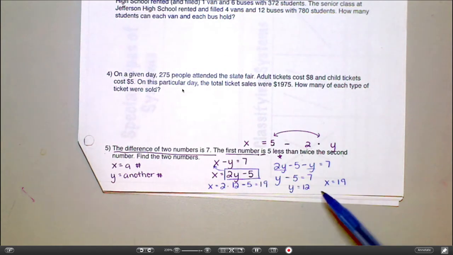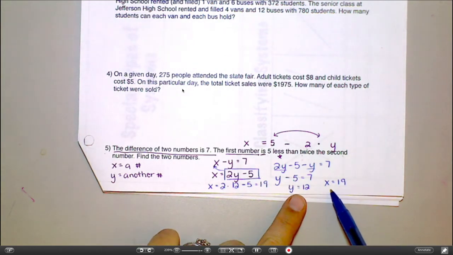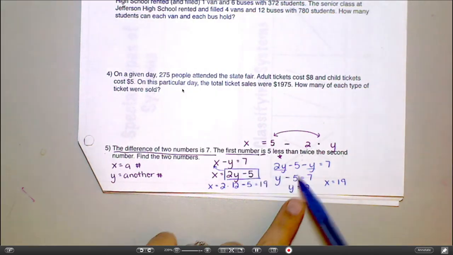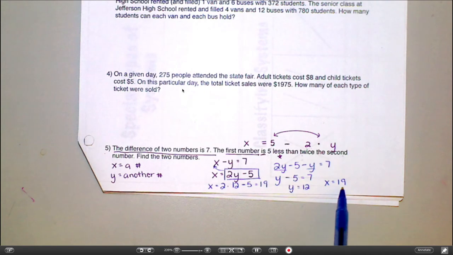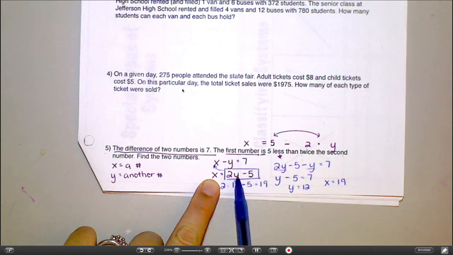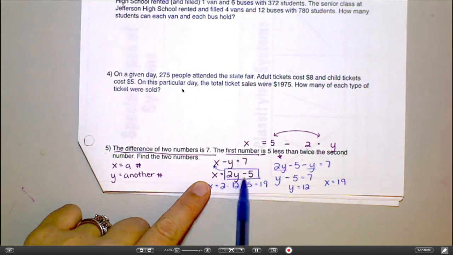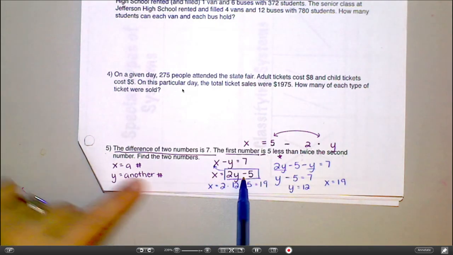Is it true that the difference of 19 and 12 is 7? The difference between 19 and 12 is 7? Yeah. Yep. Okay. And is 19 5 less than twice 12? Sorry, I know that sounded confusing. If I plugged my numbers in here, would it work? That's basically what I'm doing.